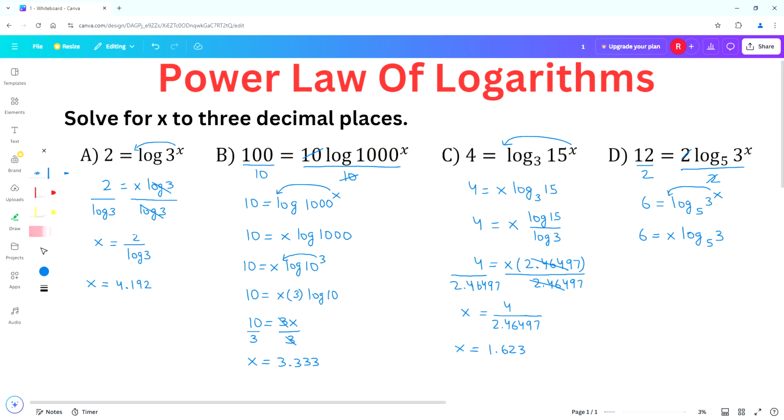Next, we can evaluate log of 3 to the base 5. If you are not able to input this log term in your calculator, you can break up this log term using the change of base formula. Log of 3 to the base 5 can be written as log 3 over log 5.